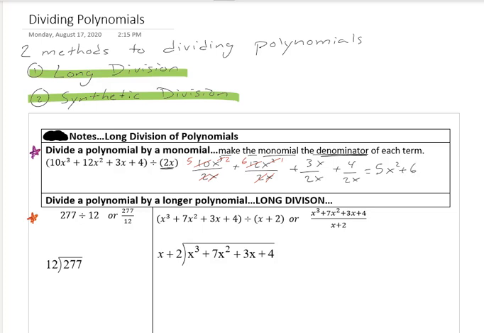So I get plus 6x. X and x cancel, so I'm left with 3 halves. And here the 2 and the 4 reduce to give me a 2 on top. So I'm left with plus 2 over x. And that's our solution.